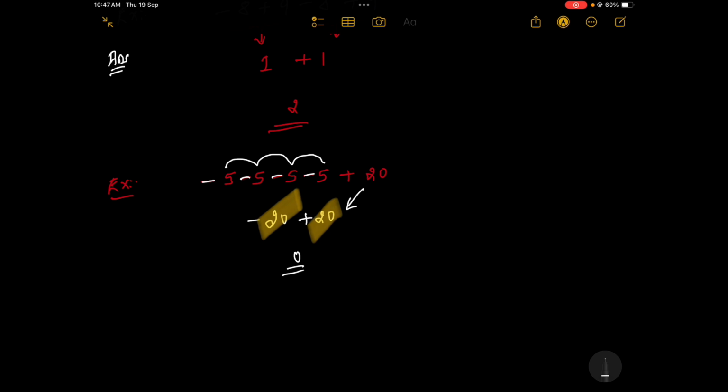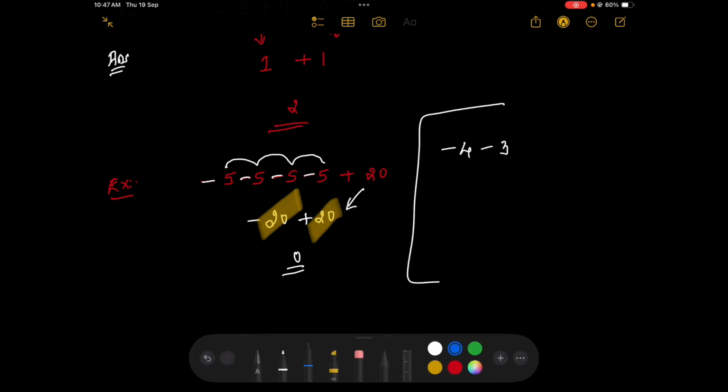Some students get confused with this part. If I write minus 4 minus 3, what they try to do is multiply this. Minus into minus, they write plus here. Then they add 4 plus 3 is 7. This is wrong, because there is no multiplication involved here. We are still dealing with addition and subtraction.